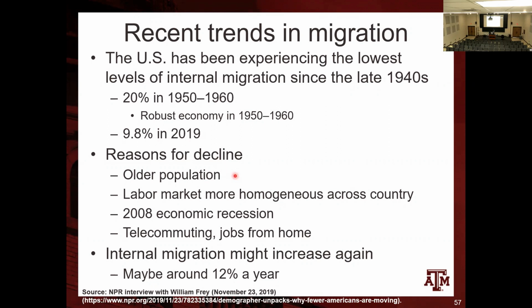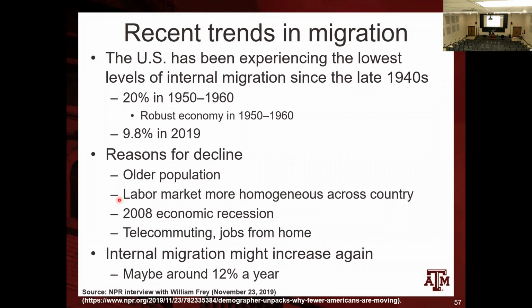He mentions, first, that we have an older population now. And as we talked about in previous slides, older people are less likely to migrate. Another thing that happened in the US is that good job opportunities are now more decentralized. I can get good jobs all over the US, in all different states, all different areas.